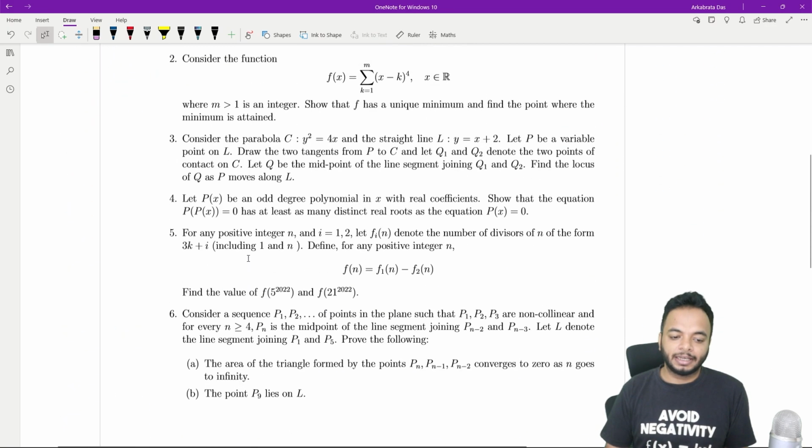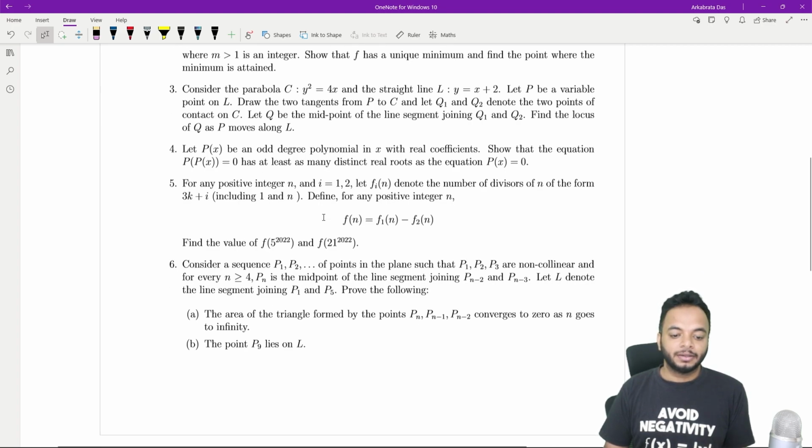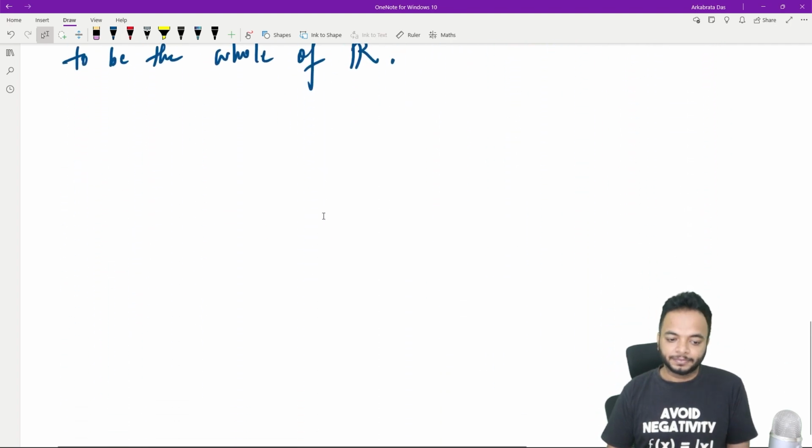And now how does that help us here? Look at this statement: p(p(x)) = 0 has at least as many distinct real roots as the equation p(x) = 0. So let's consider the distinct real roots of the equation p(x) = 0.